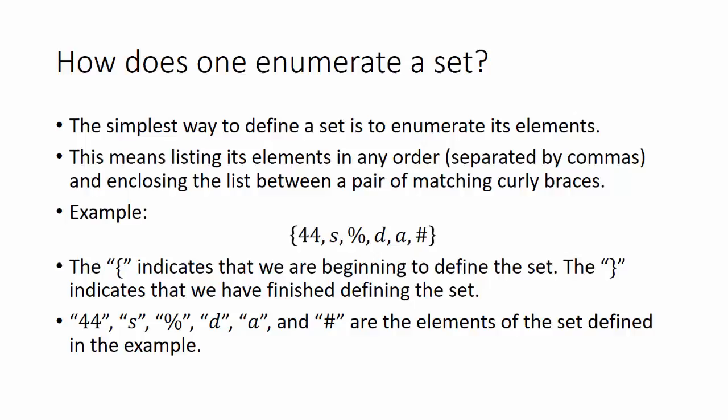We have a set with the elements 44, S, %, D, A, and a sharp sign. The opening curly brace indicates that we are beginning to define the set. The closing curly brace indicates that we have finished defining the set. And of course, 44, S, %, D, A, and the sharp sign are elements of the set defined in the example.